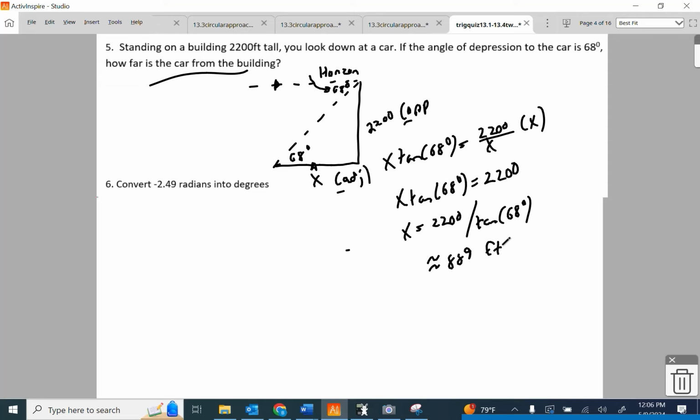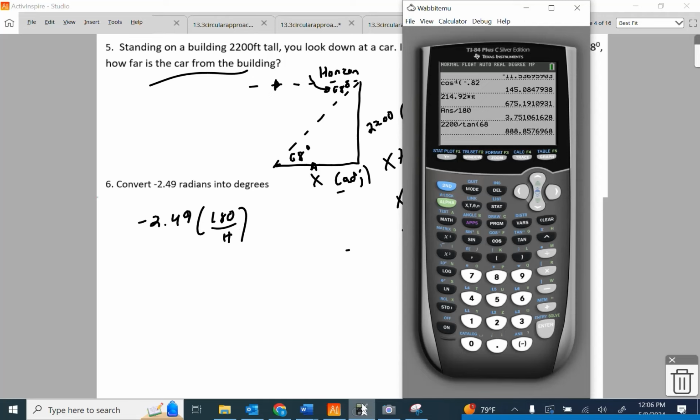Convert negative 2.49 radians into degrees. Oh, the number of kids that will miss this thing is just going to be laughable. All I have to do is multiply the darn thing by 180 over pi. There is a formula for that. There is a formula for everything. But we won't bother to memorize them. What we got here?